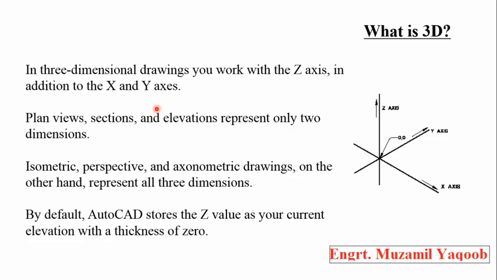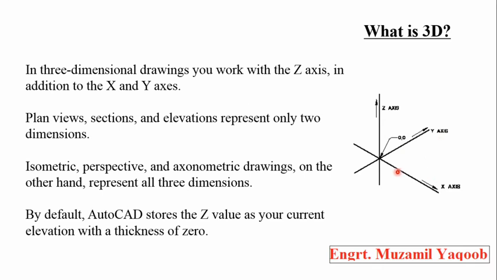So first of all, what is 3D? In 3-dimension drawings, you work with the z-axis in addition to the x and y-axis. Over here in this picture, you can see there are 3 axes shown. This one is known as the z-axis and the other 2 are called the x-axis and y-axis.